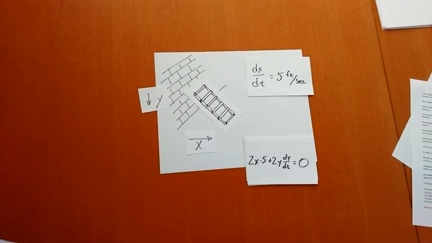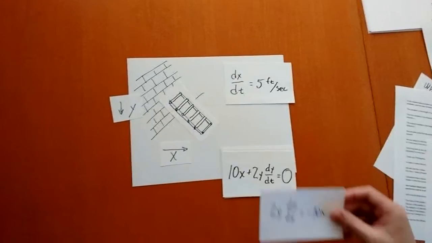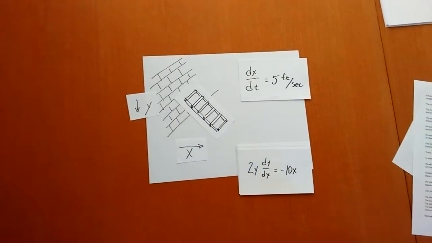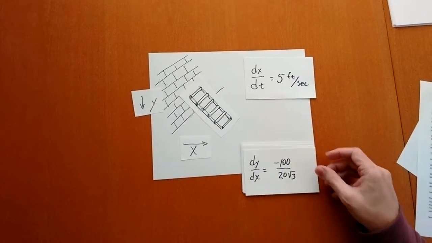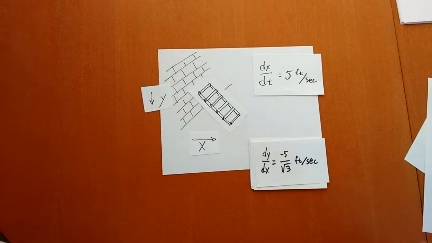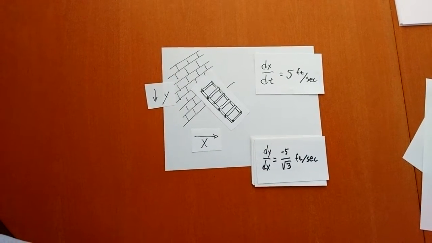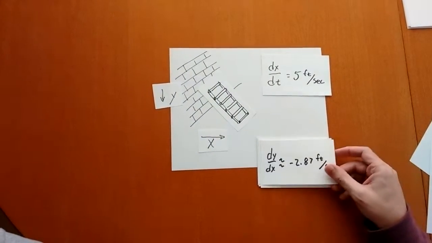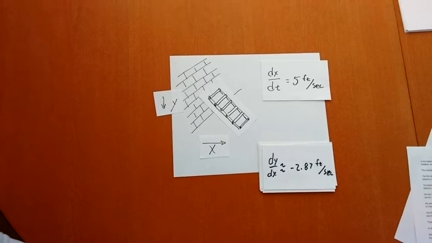So when we solve for dy over dt, we get negative 5 feet over square root of 3 feet per second, which is approximately negative 2.7 feet per second.